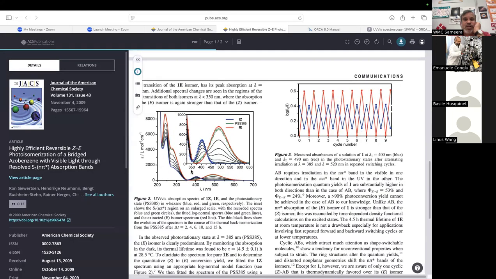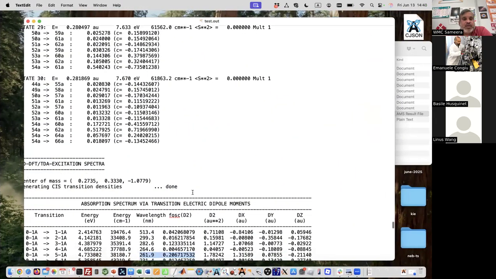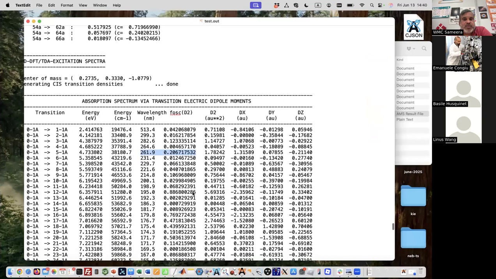So it's basically the red line. You can see an experimental peak around 250, but they were not interested in peaks below 200 nanometers. So they only looked at the peaks above 200 nanometers. So then the interesting peak for them is that one.